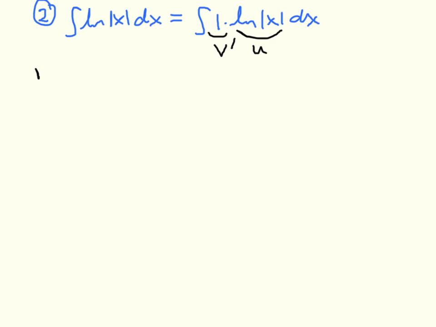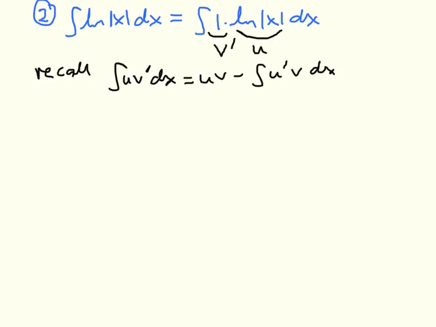So recalling our key formula, that the integral of u v prime with respect to our variable here x is uv minus the integral of u prime v with respect to x. We have u is the logarithm of x, so u prime is its derivative, and that is 1 over x. V prime is 1, so v is the integral of 1, and that is x.